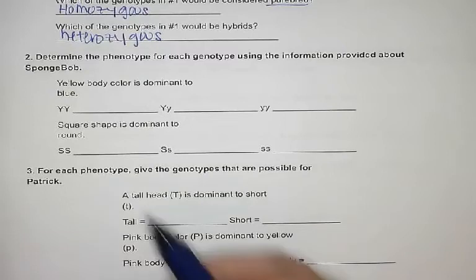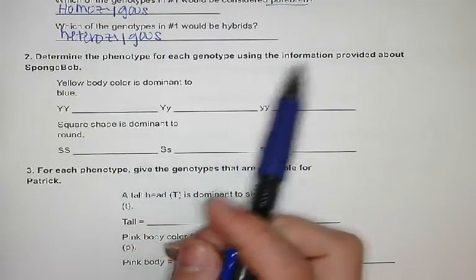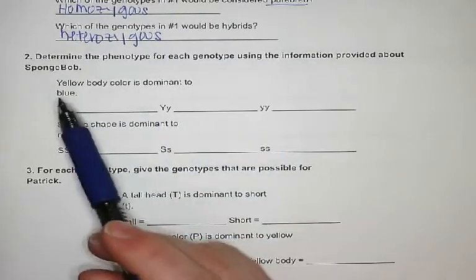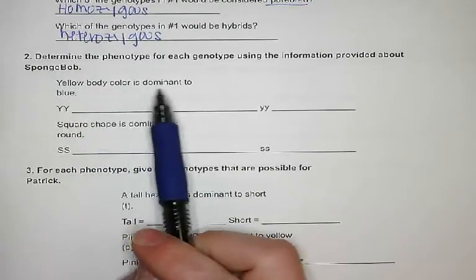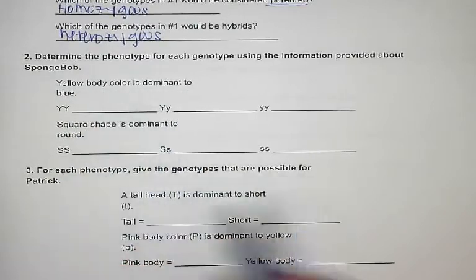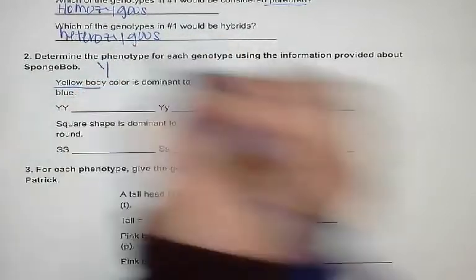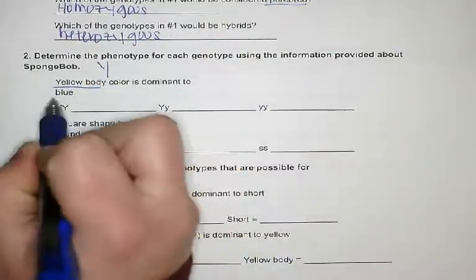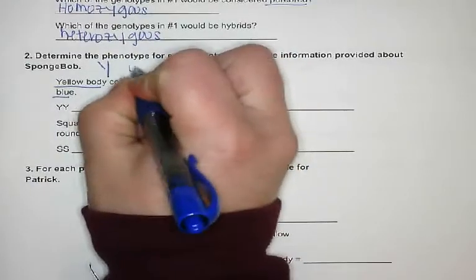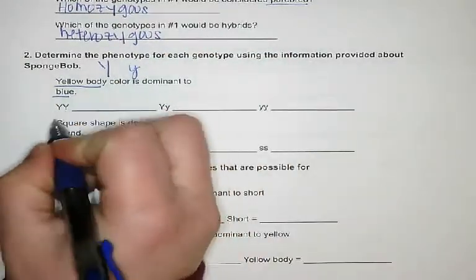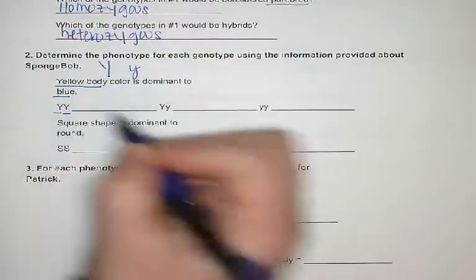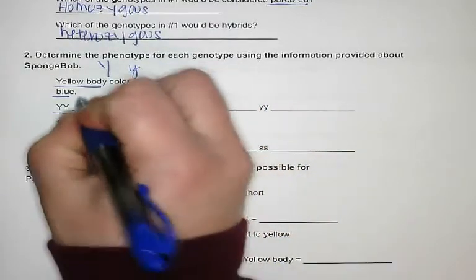Alright, let's go down. Determine the phenotype for each of the genotypes using the information provided from SpongeBob. Yellow body type is dominant to blue. So yellow is dominant, so it's going to be a big Y, and blue is recessive, so it's going to be a little y. If I have 2 big Y's, my phenotype is going to be yellow.